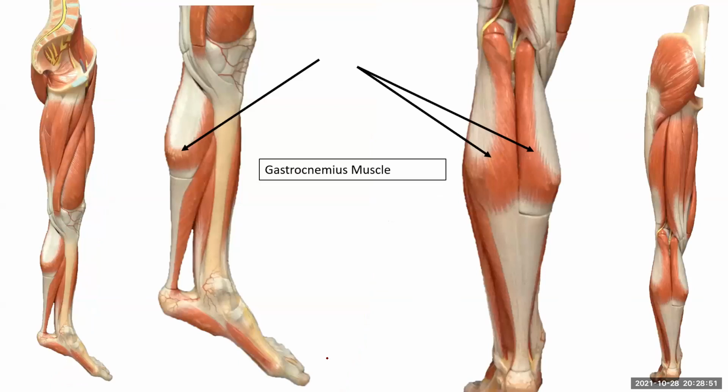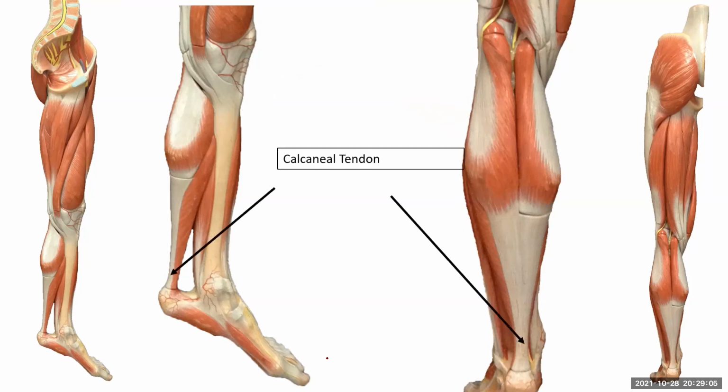Okay, let's get down into the crural muscles here, the posterior portion of our leg. There's the gastrocnemius muscle. You can see it from all those different views there. That's the gastrocnemius. There's the calcaneal tendon to which the gastrocnemius muscle is attached, also known as the Achilles tendon.